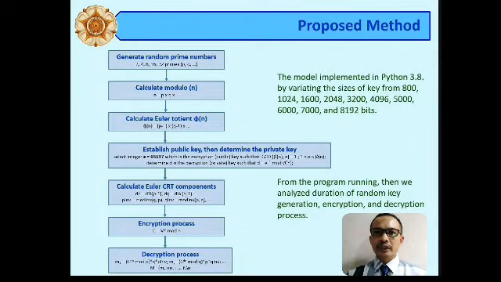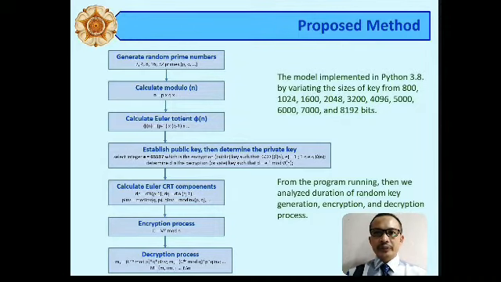After that, we calculate Euler's totient, which we use to find a co-prime number of our modulus in the improved RSA algorithm.